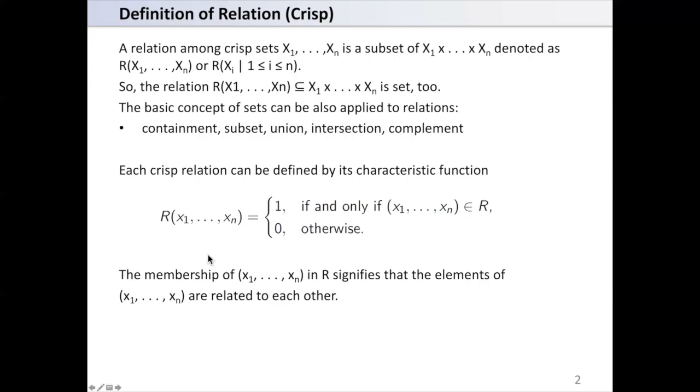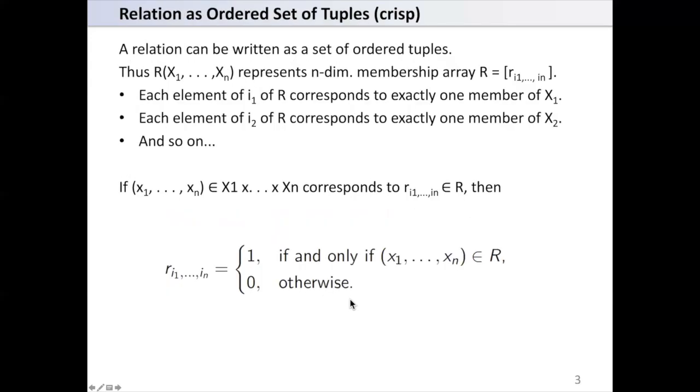The membership of (x1, ..., xn) in R signifies that the elements x1 up to xn are related to each other. A relation can be written as a set of ordered tuples.